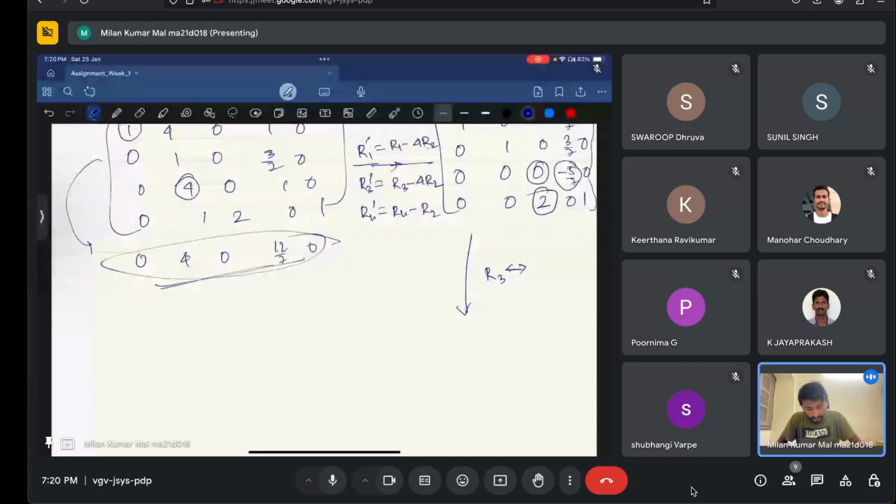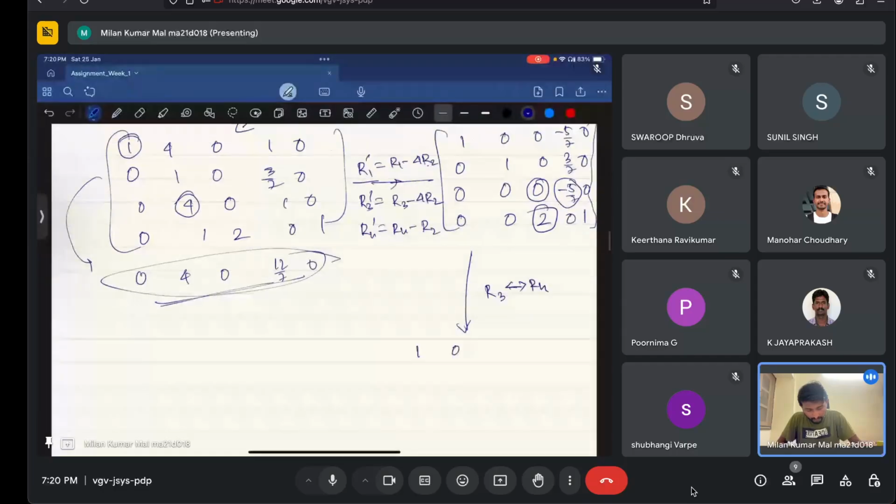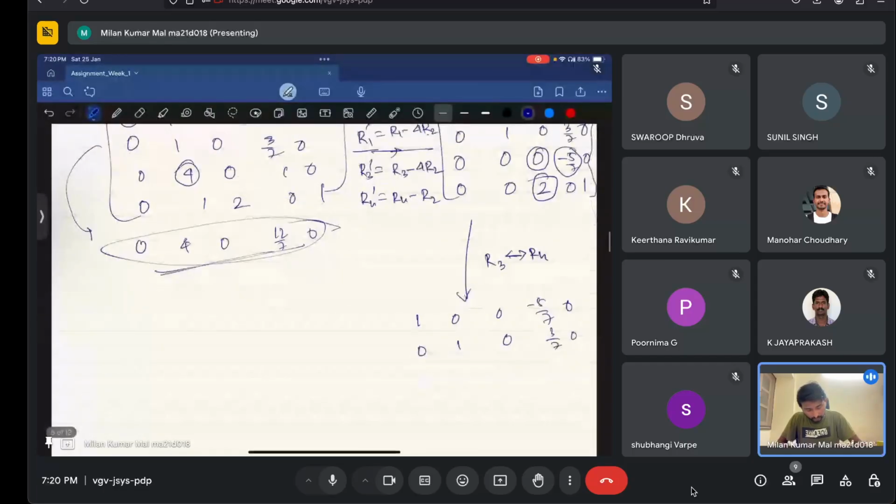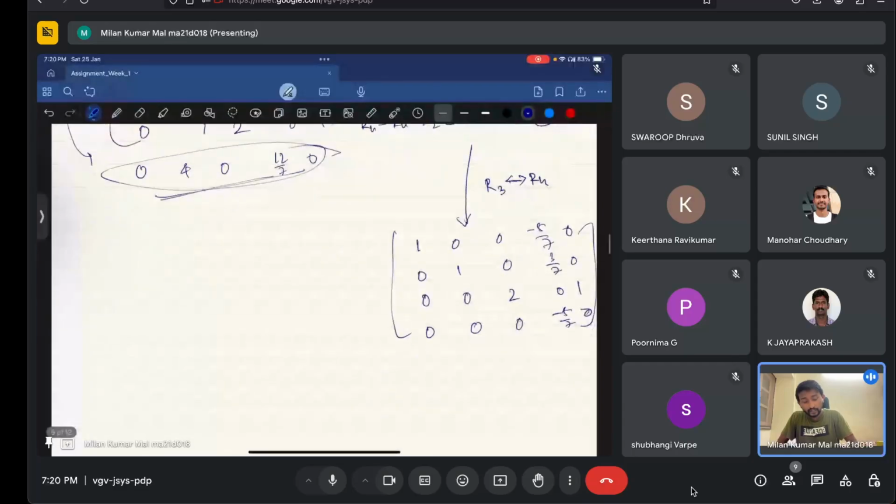That is 1 0 0 minus 5 by 7 0, 0 1 0 3 by 7 0, and we are interchanging with 0 0 2 0 1, 0 0 0 minus 5 by 7 0. This is the matrix. Now first we want to make this 1 here.